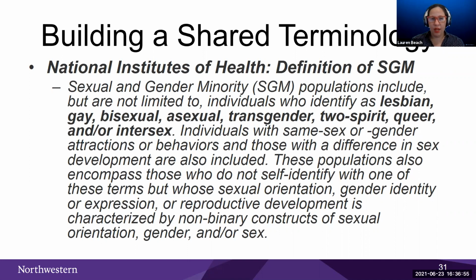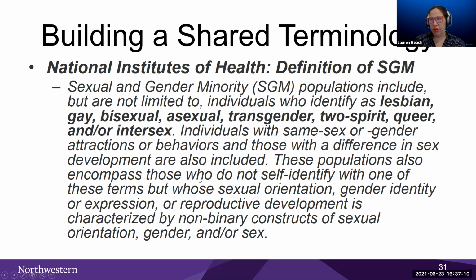You also see that something else we'll talk about today is covered in this definition, which is that individuals with same-sex or same-gender attractions or behaviors, and those with differences in sex development, are also included.